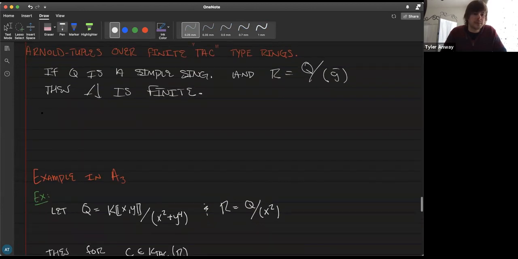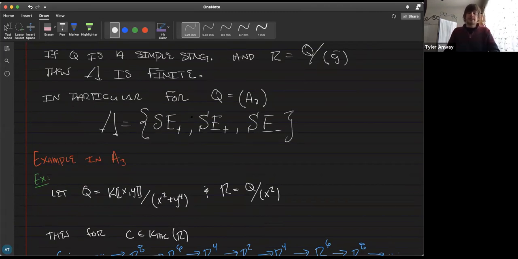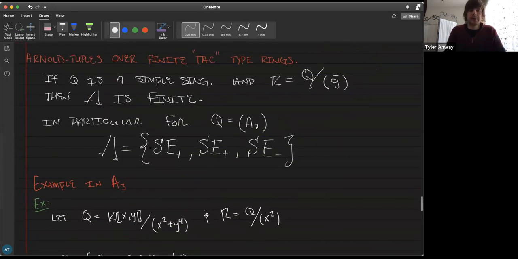And in particular, for Q equal to this A3, that lambda set was the set consisting of three objects, S of E1, S of E plus, and S of E minus. So you just take the three elements in the quiver and you map them all down to Ktac R by S, and there's your set lambda.